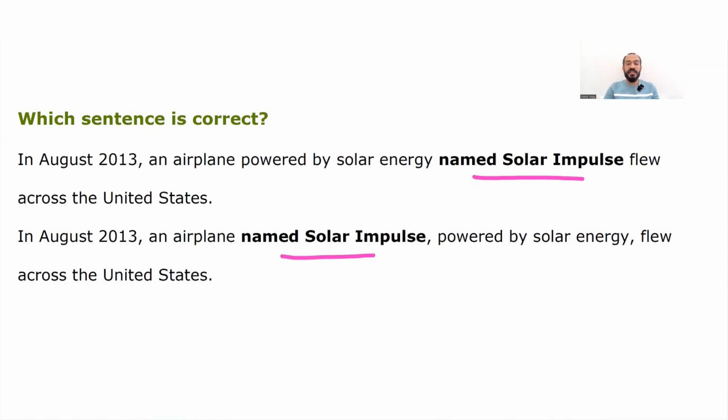The first is next to the solar energy, and the second is next to the airplane. Now think about it. What is named Solar Impulse? Is it the airplane or the energy? Obviously the airplane, right? You would give a name to an airplane, not to the solar energy. So the second sentence is the one using the modifier correctly.